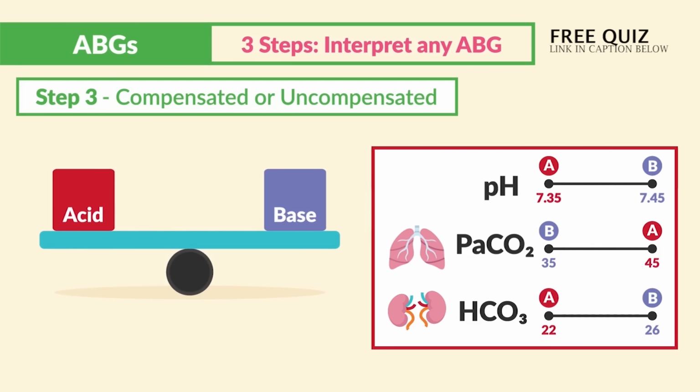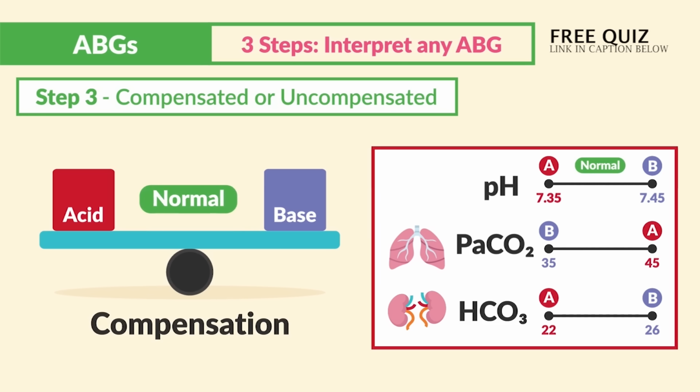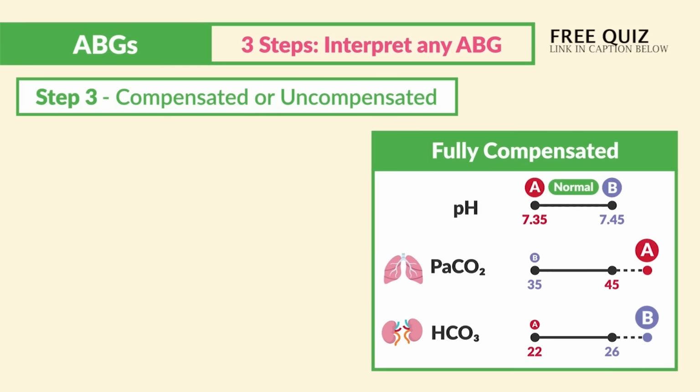This balance again is called compensation. So once again, think compensation is finding common ground, just finding that balance for pH to be in that normal range. So fully compensated means that the pH is in normal range.